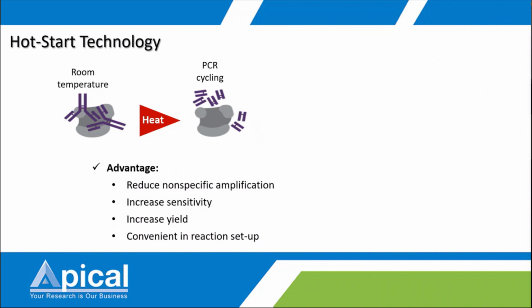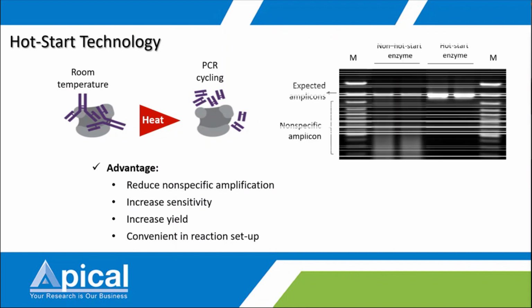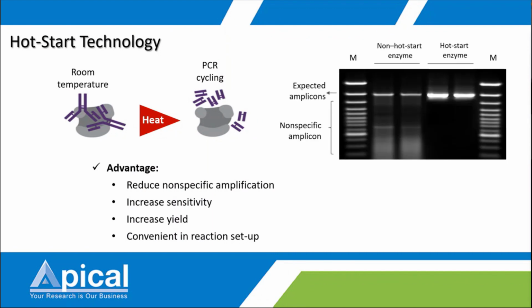So this will also allow you to prepare your PCR mix at room temperature, rather than needing to find ice and prepare everything on ice. Okay, so this technology can help you with all this. And here in the gel photo, you can see that non-hot start can give some unspecific bands.